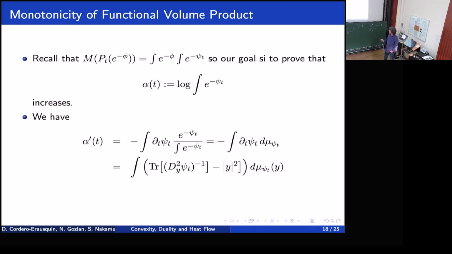So here, now I use my formula. This, with the minus, becomes the trace of the Hessian of psi t, minus 1 minus y squared. Right? And you want to know if this is non-negative. Of course, now it's extremely tempting to go back to the Blaschke-Santalo inequality here for this first order derivative.